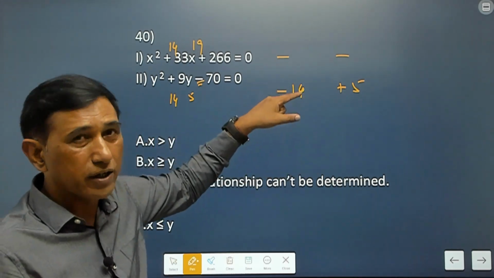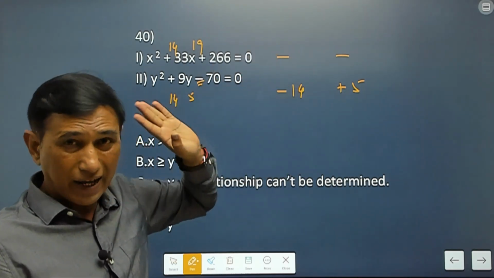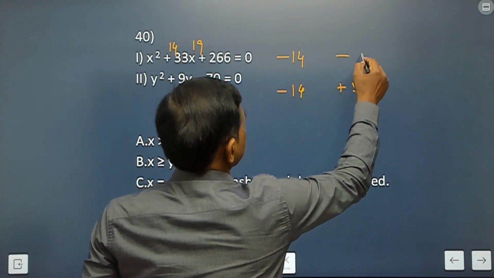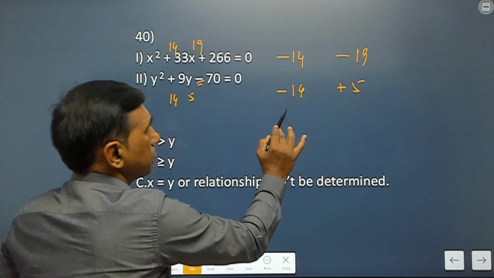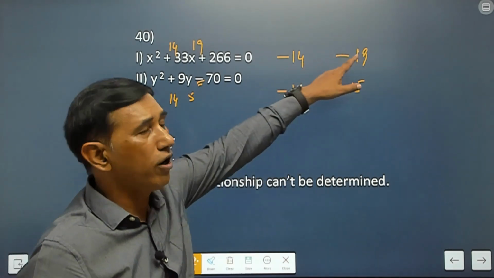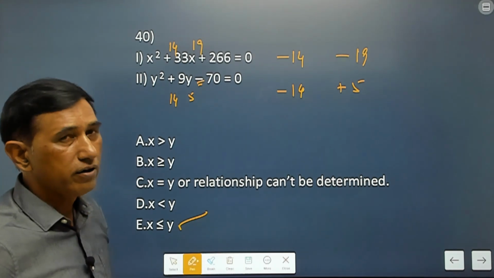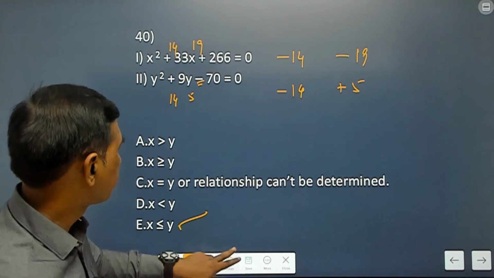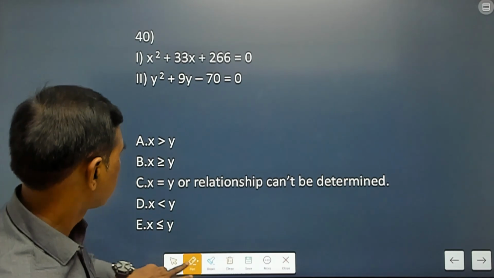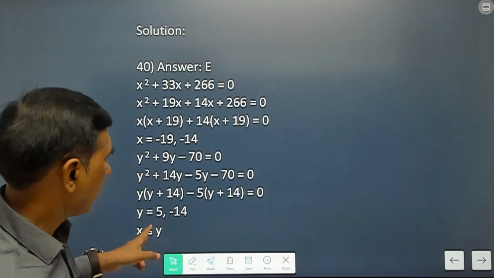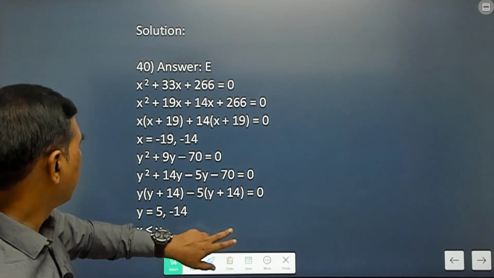So if it has to be equal, then it has to be minus 14 only. So it is minus 14 and minus 19. So if it is minus 14, it is either equal or greater. So y is greater than or equal to x. X is smaller than or equal to y.